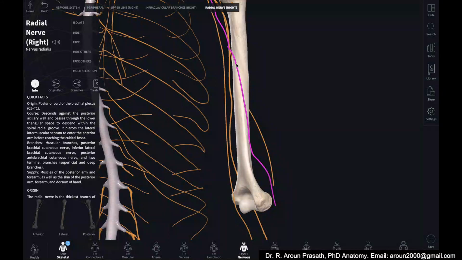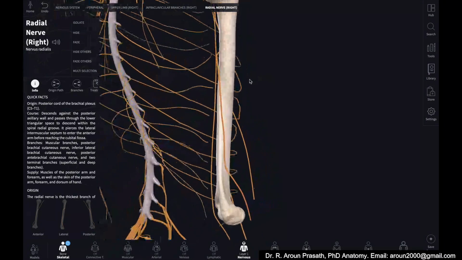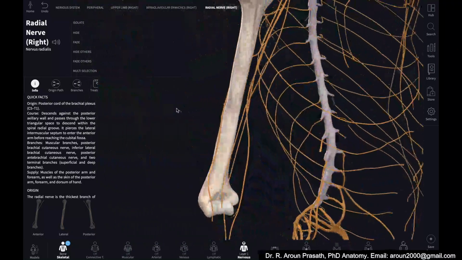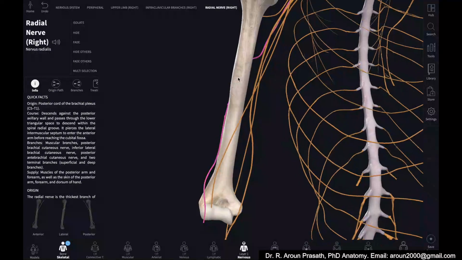This radial nerve supplies all the muscles of the posterior aspect of the arm and the forearm. When this nerve is compressed in the spiral groove by supporting the hand on the window of a train or bus, it leads to a condition called Saturday night palsy.